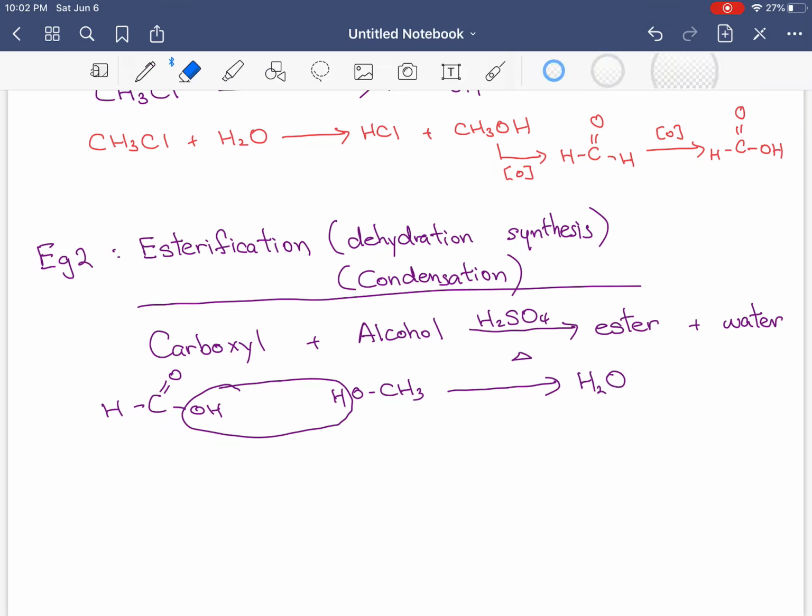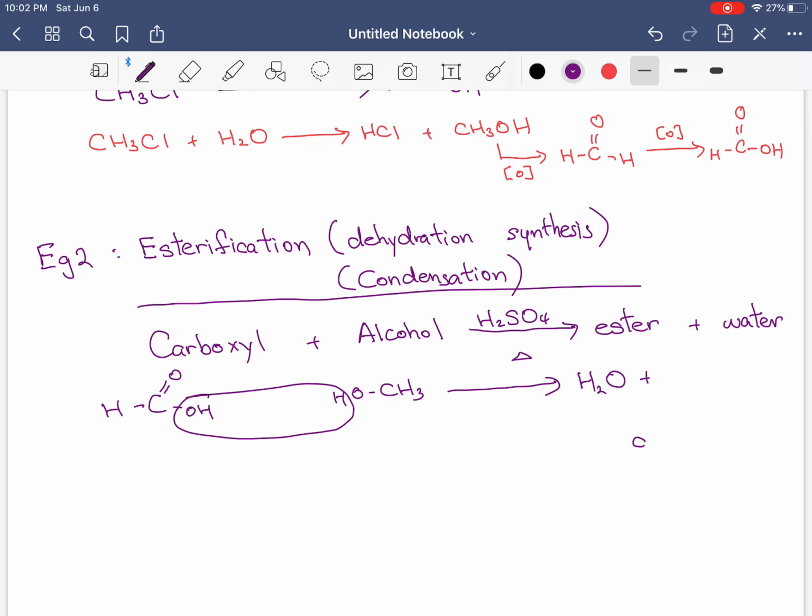Let me just erase this for a bit, just to show you. So when H2O is gone, you'll notice that this C is missing a bond, this O is missing a bond. So what do they do? Exactly. They're going to bond with each other.